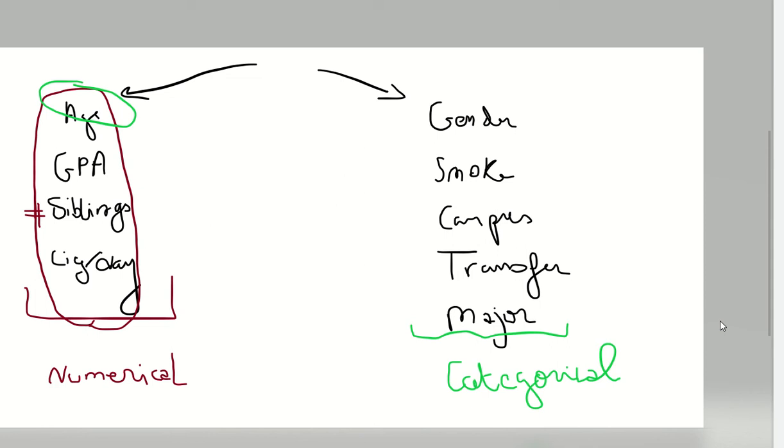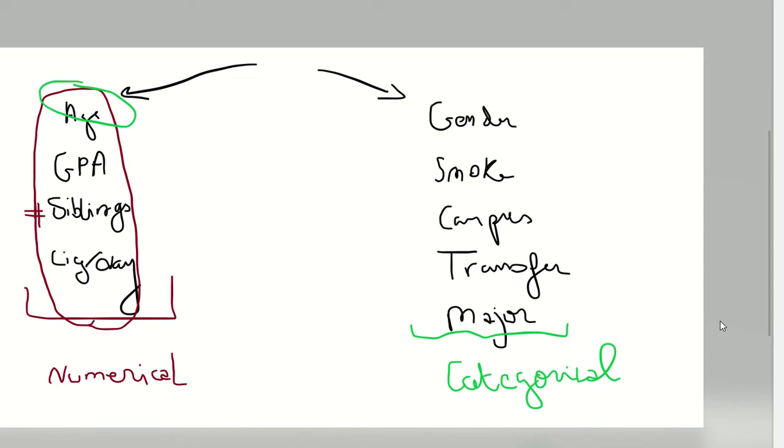Another example would be all questions that are answered yes and no. Typically, yes gets a 1 and no gets a 0. So the 1 and the 0 here are not real numbers. They are symbols, codes, and therefore the variable is not a numerical variable, it's a categorical variable. Okay?